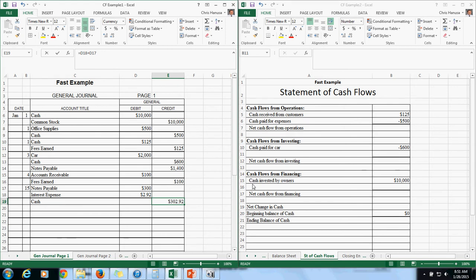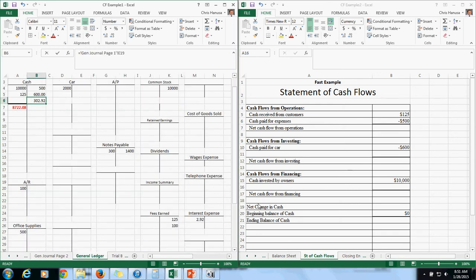Since this is a long-term liability, I would include this in financing. So let's go to the general ledger again, and we'll call it over here cash paid on notes payable. That's a financing activity. It's how we received some funds for our company. So again, negative, and grab the $302.92, and we can see due to rounding it's going to say 303 on here.